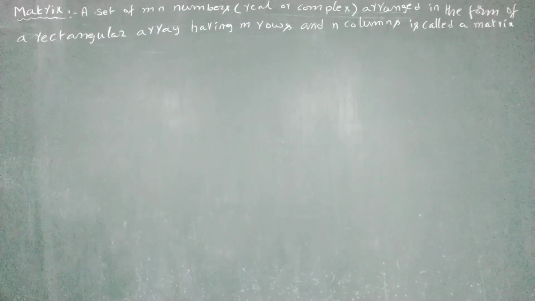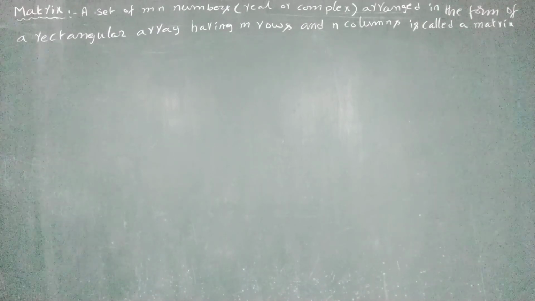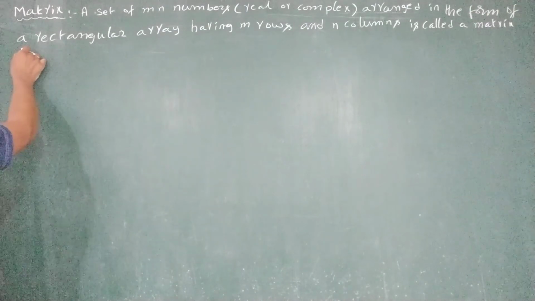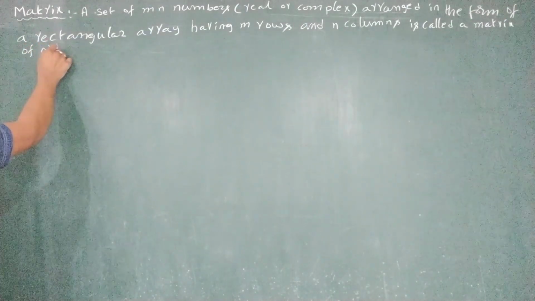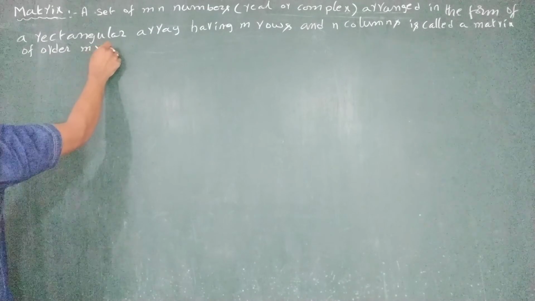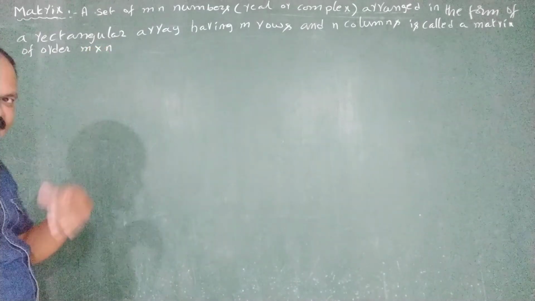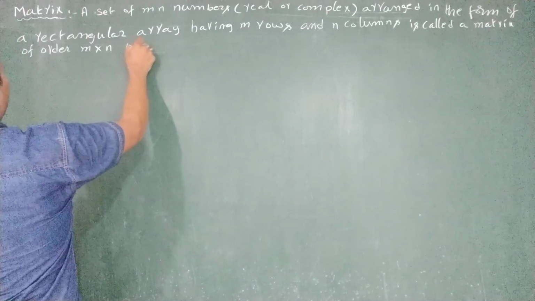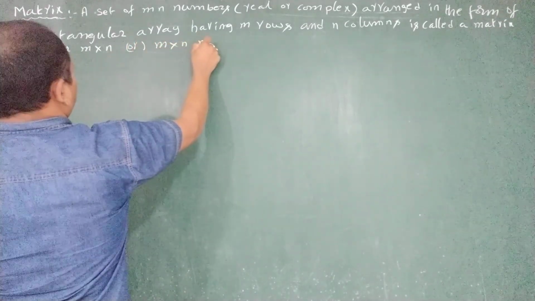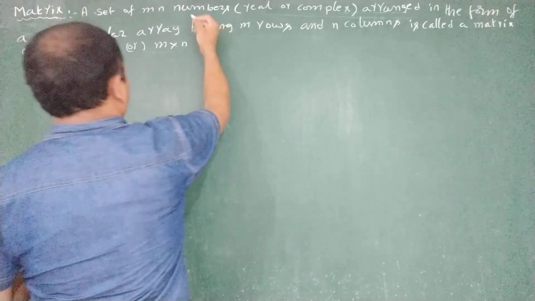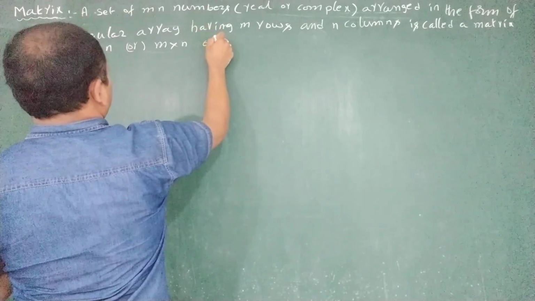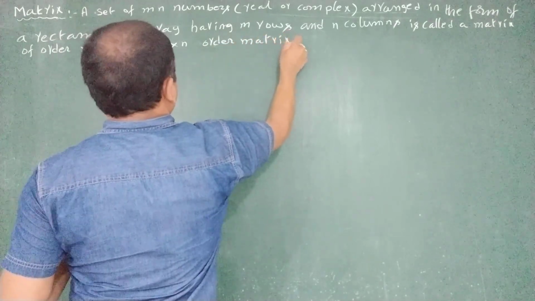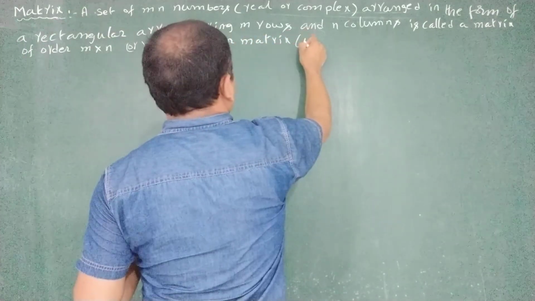It's called a matrix of order m by n. Of order m into n, which is read as m by n, or m by n matrix, m by n order matrix.